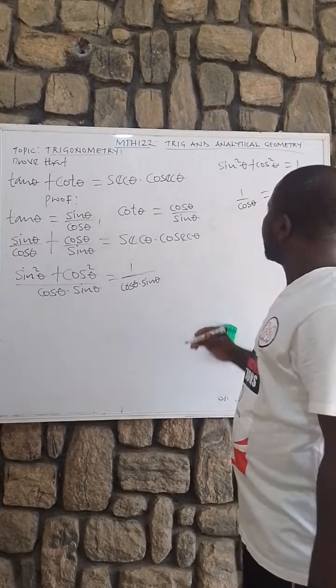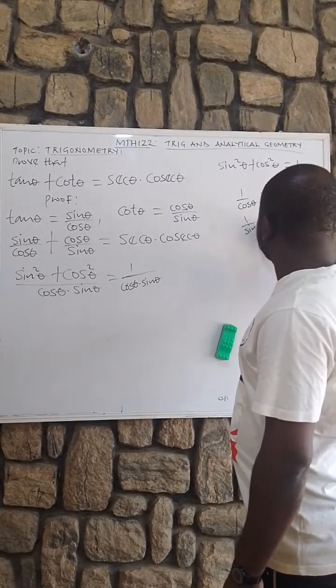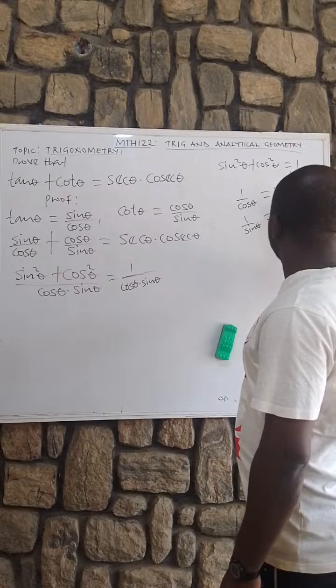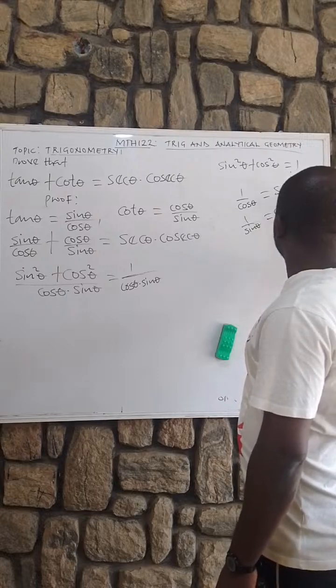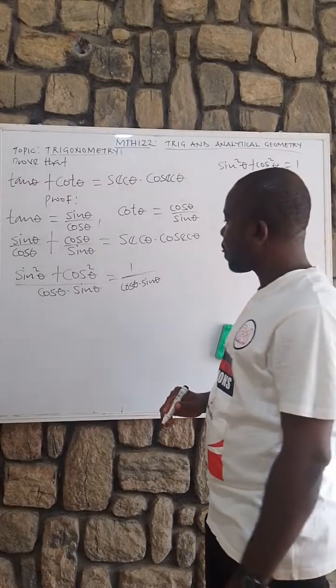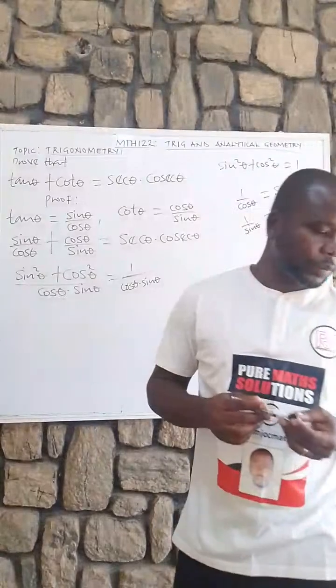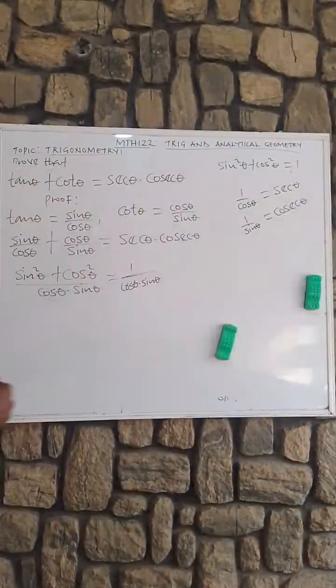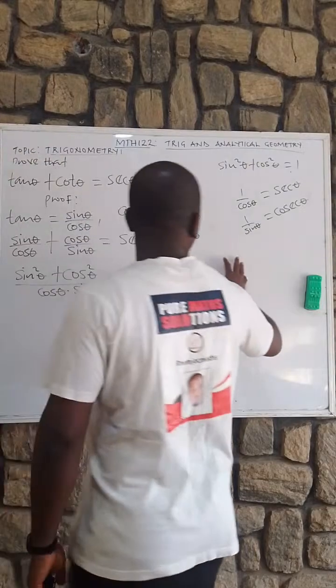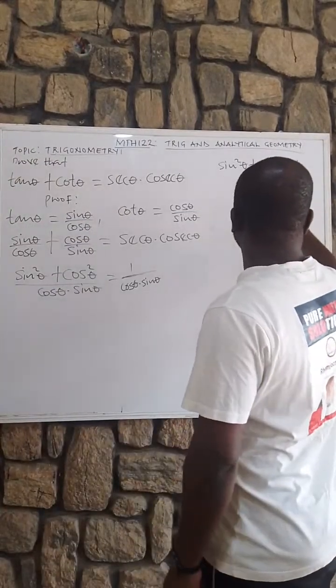Then 1 all over sin theta is cosec theta. True or false? It's true, right? So, as you can see now, look at it very well. This is this, this is this.